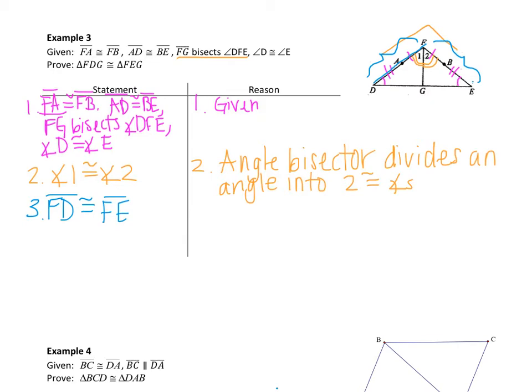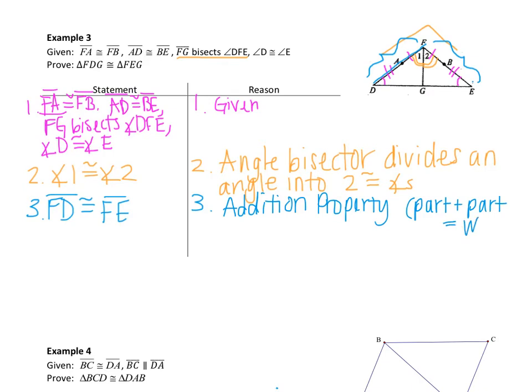So here, if I take one part FA and add it to another part AD to get a whole segment FD, that's called the addition property. And again, addition is just where we take part plus part and we get a whole.